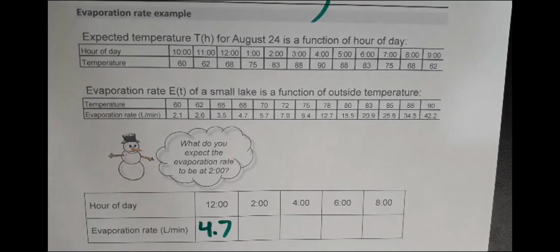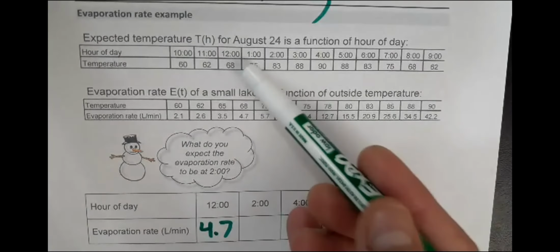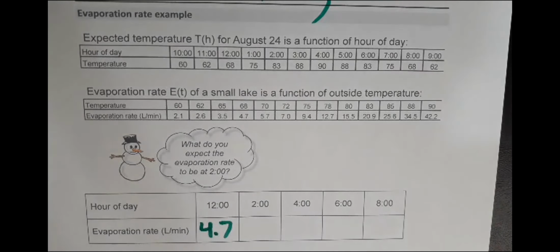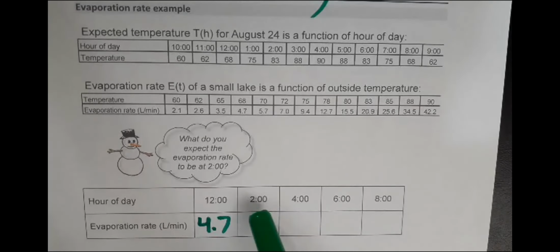Okay. So I go here to 12, it's giving me 68. 68 is giving me 4.7. So I have an x value of 2.